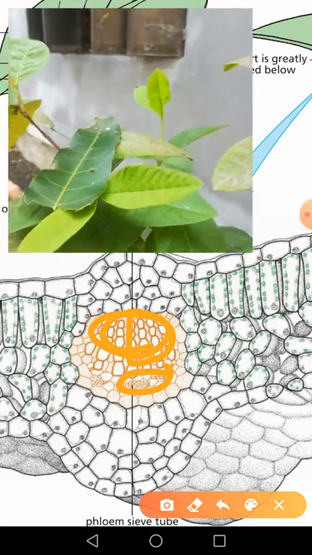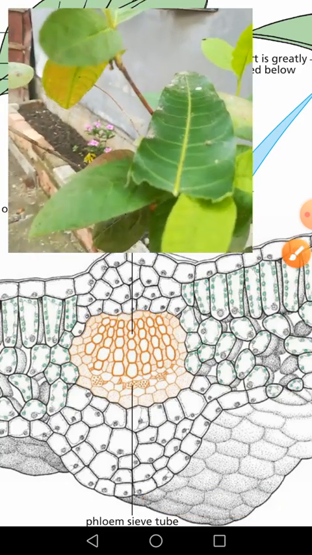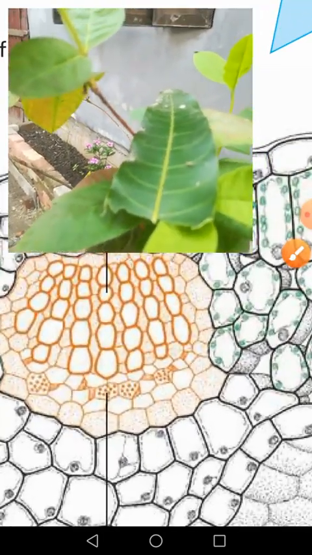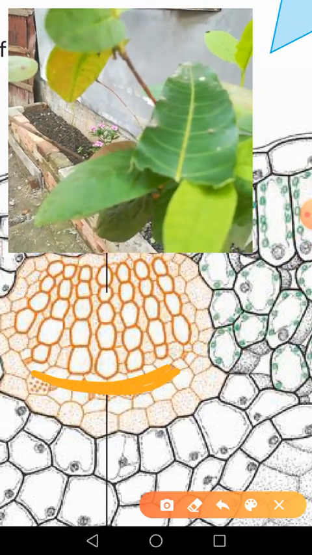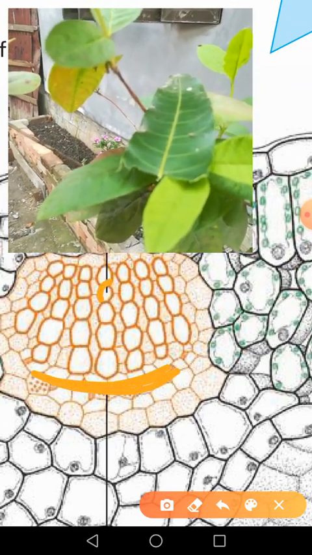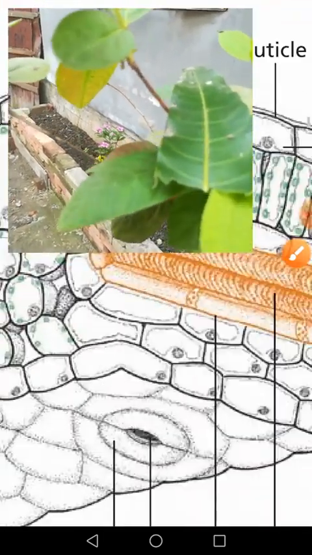So here's the xylem and these smaller parts are called the phloem. These smaller parts are the phloem and these larger hollow regions are the xylem. Okay, let's go to a side.